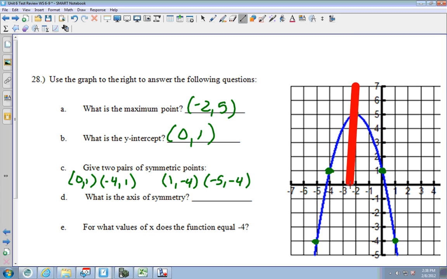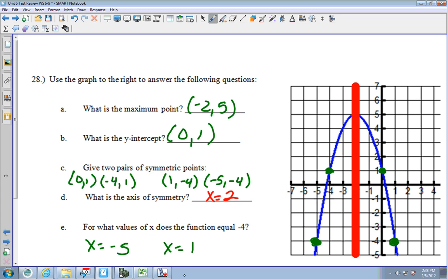Right here, that right there is x equals 0. For what values of x does the function equal -4? Well, we already found, let's see, where the y is -4, that's right here. And it is x equals -5 and x equals 1.